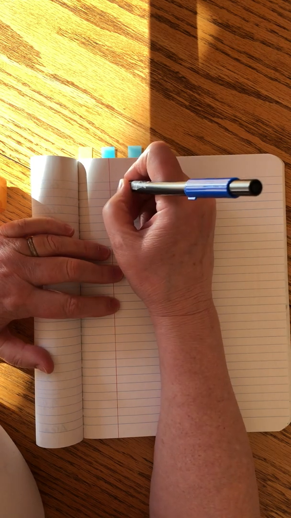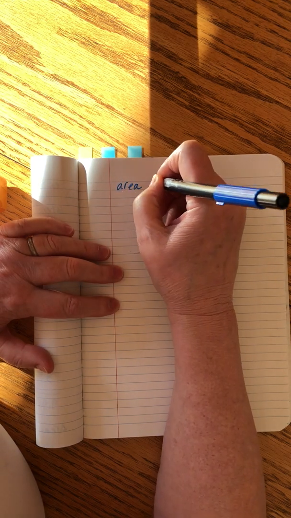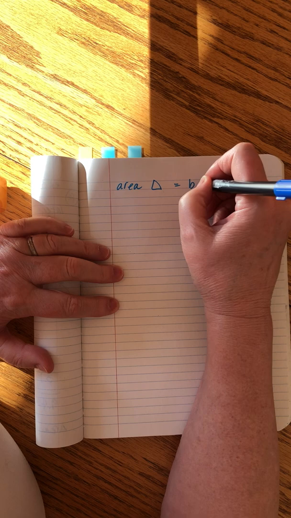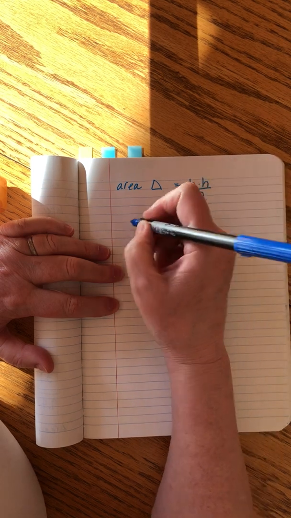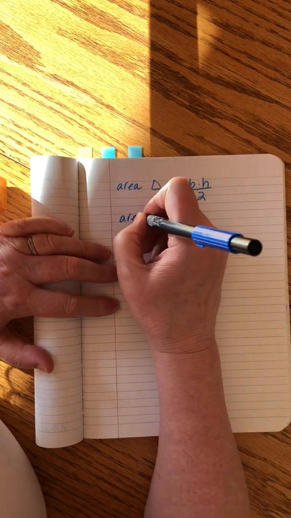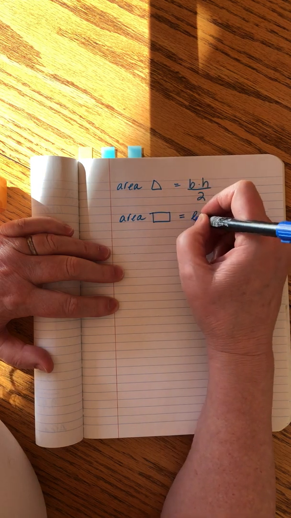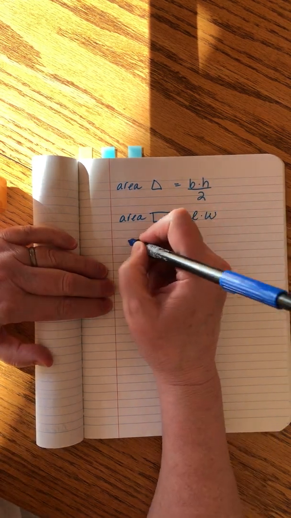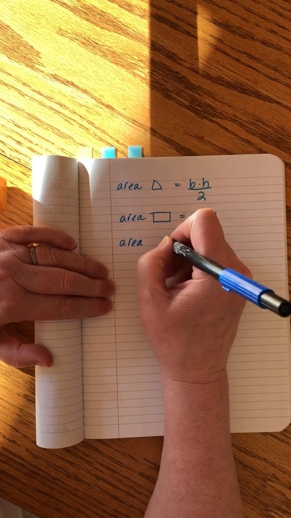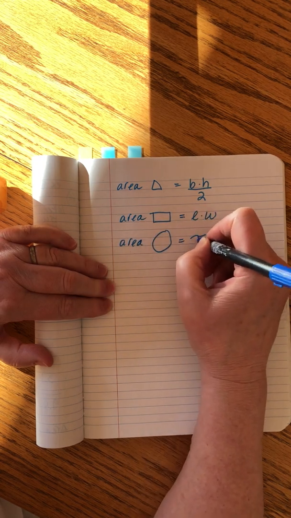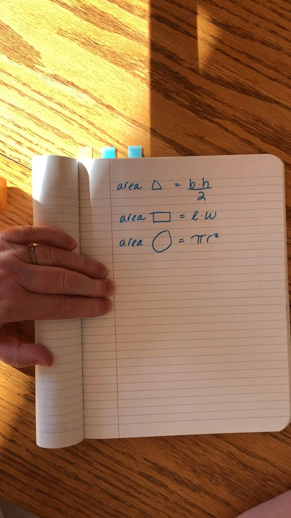You need to know the area of a triangle is base times height divided by 2. You need to know that the area of a rectangle is length times width. You need to know that the area of a circle equals pi r squared. Makes sense?